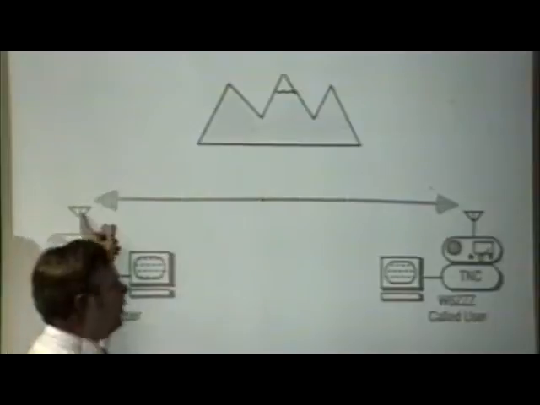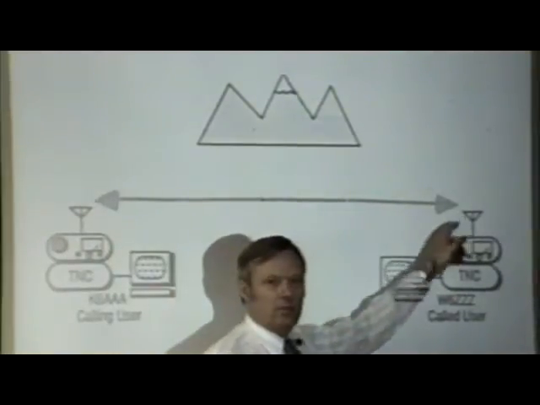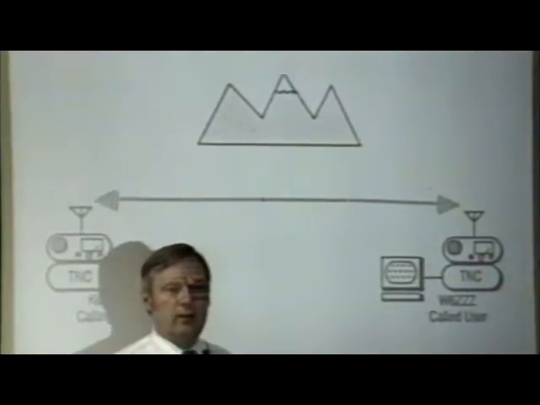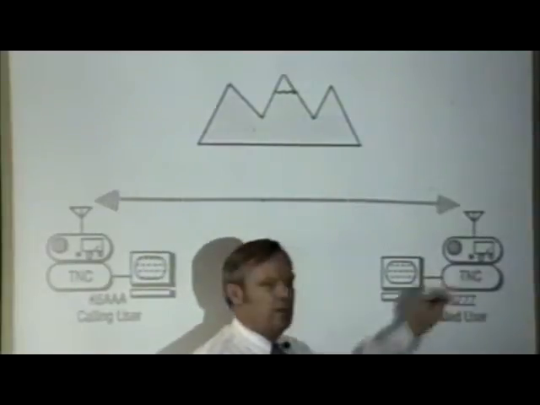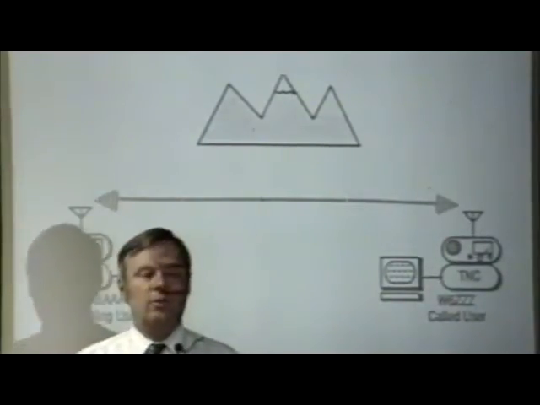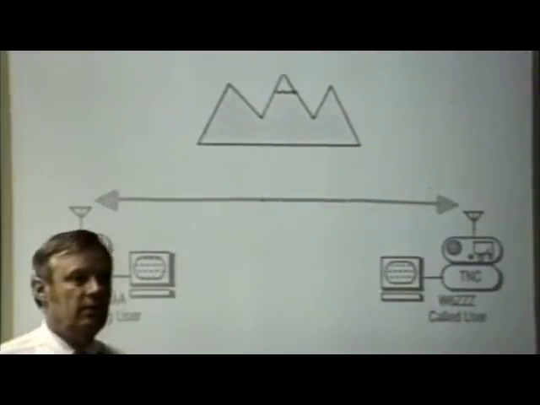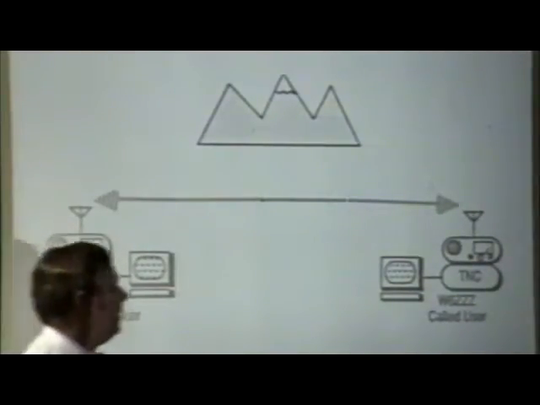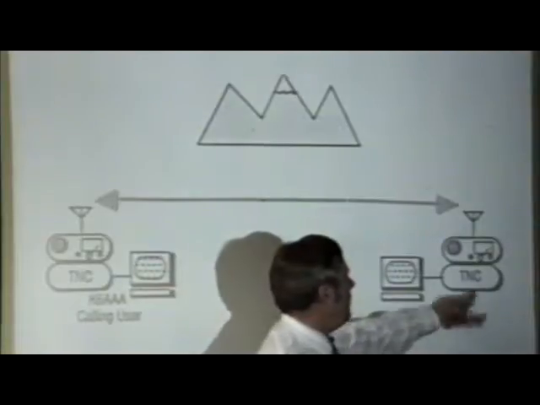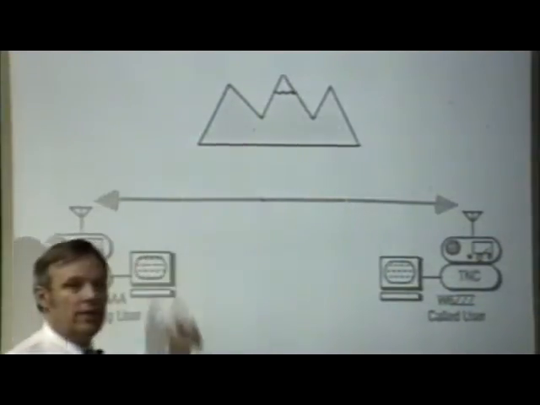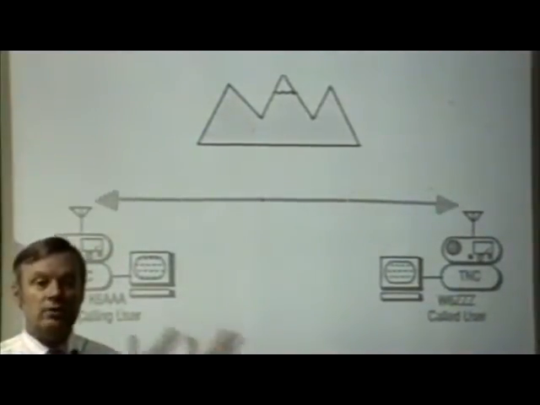So normally he'll transmit a receiver ready with the poll bit set. That says, hey, I need a response from you, poll bit set, saying, I demand an answer. Are you there? W6ZZZ sends a receiver ready back saying, yeah, I'm there, expecting frame 0.